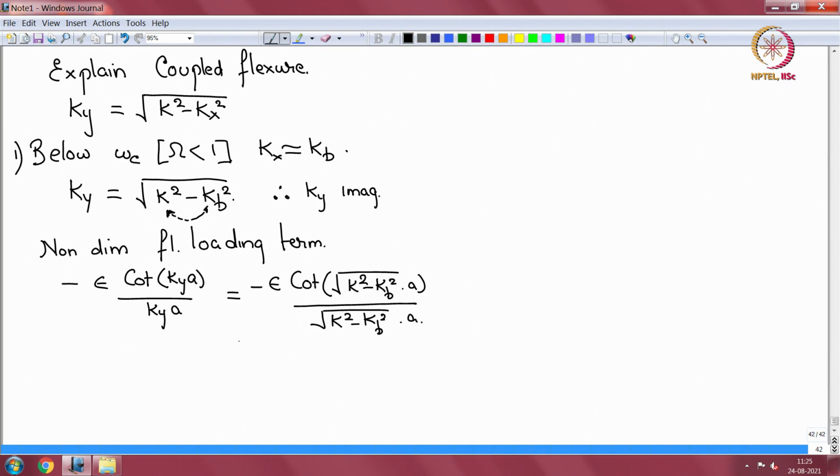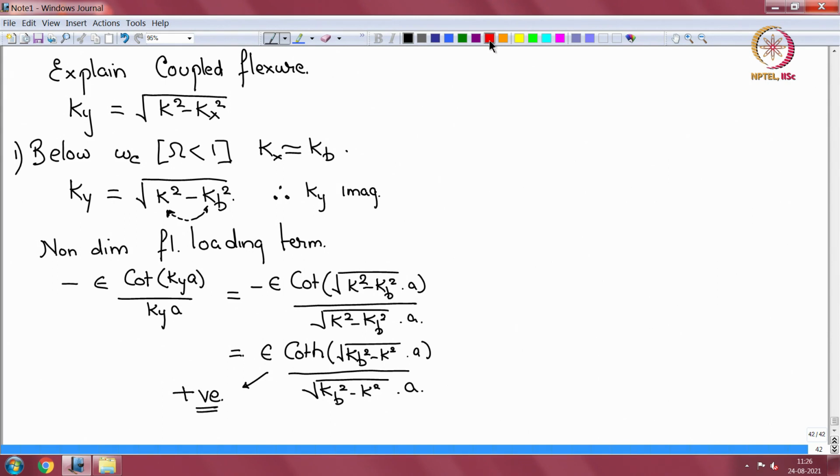So this term ends up looking like plus epsilon coth, hyperbolic cotangent, of square root of kb square minus k square into a divided by square root of kb square minus k square into a. So note that I have switched k and kb positions, and this is a positive term.